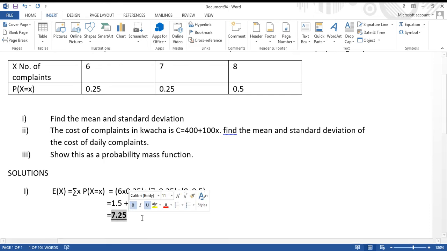The next thing that we'll find is our standard deviation. So to get our standard deviation, we must first find our variance, all right? And this is how we find our variance.